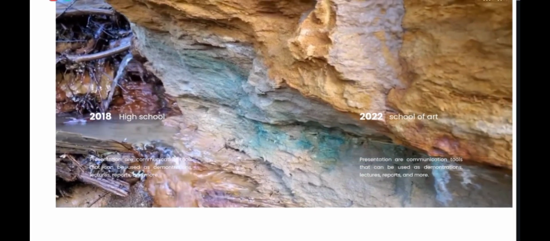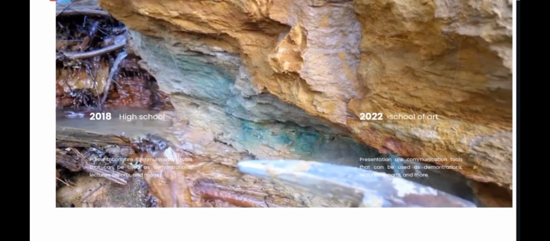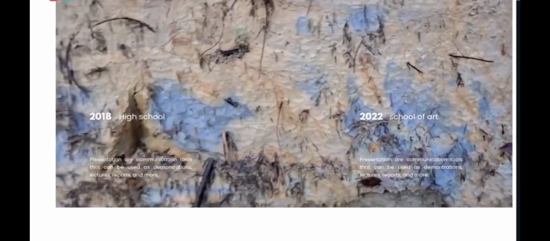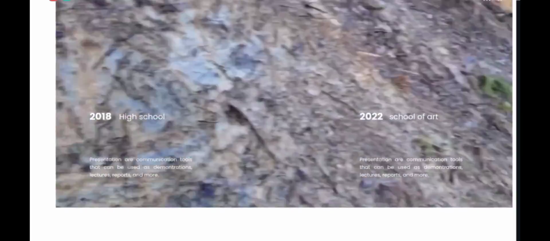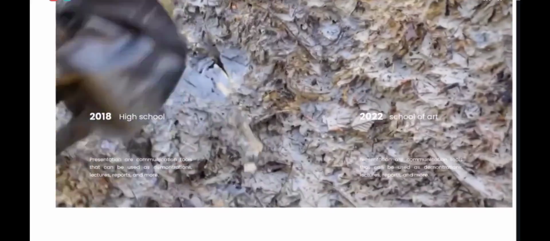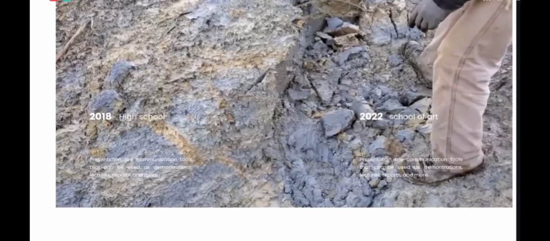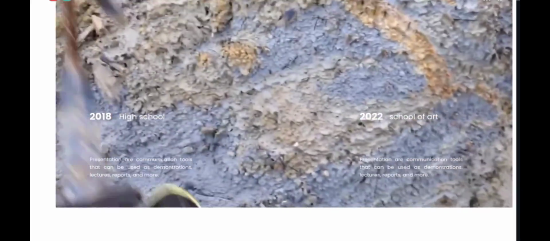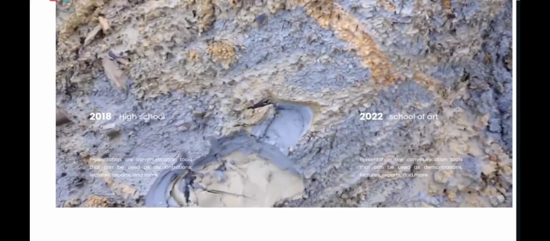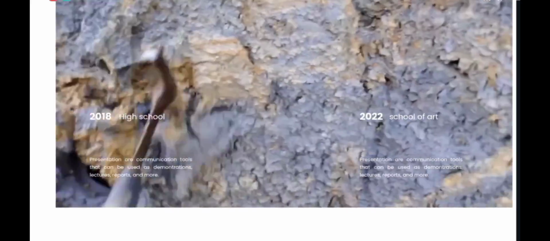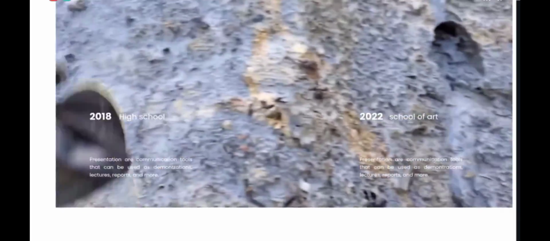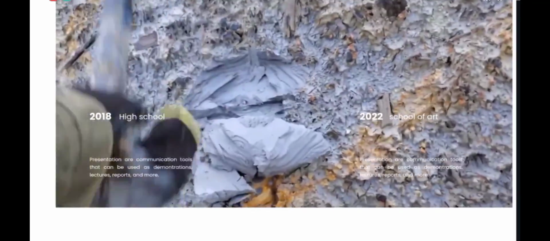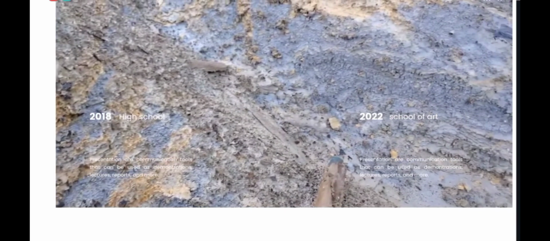So if you actually look here, you can see the green is malachite staining, and that's from the presence of copper sulfides. As you can see, blue clay everywhere.